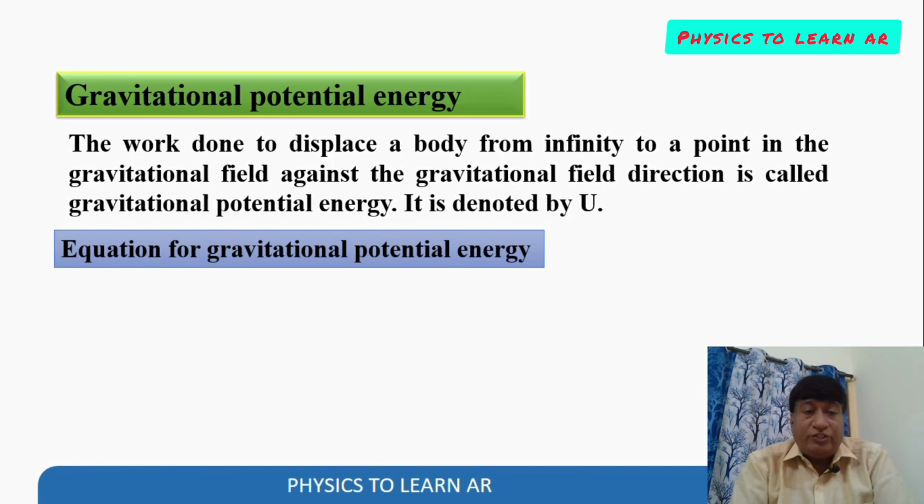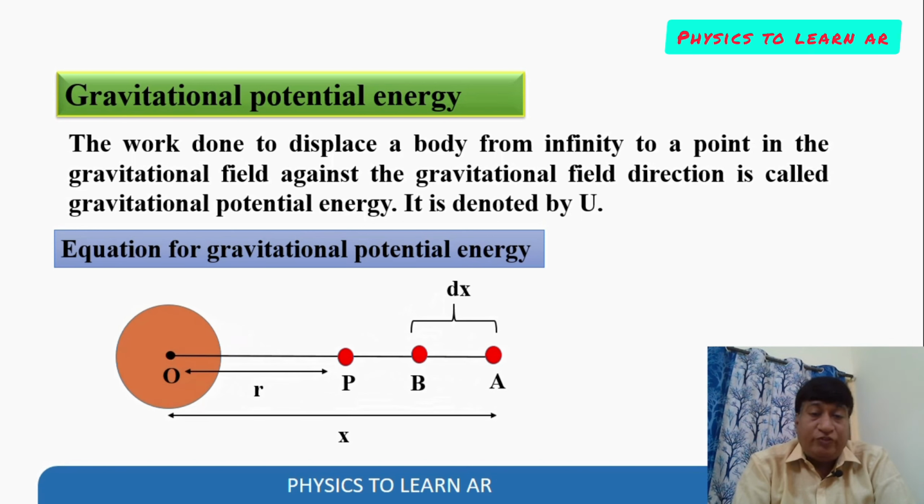So, the equation for gravitational potential energy. Before that, we can assume the diagram as like this. This is the mass of the earth, and a body is initially at a distance x, at point A. It has been moved from A to B, that small distance I can take as dx.